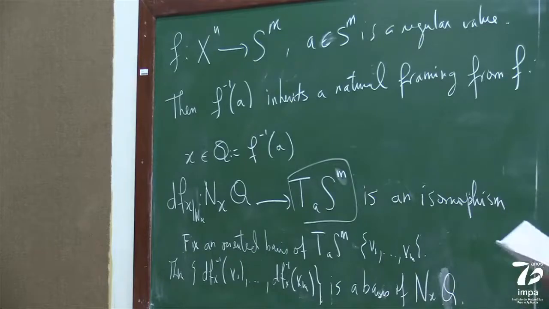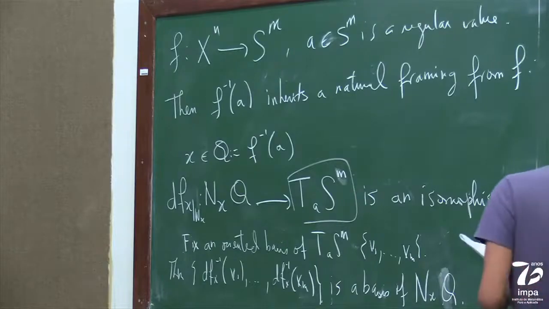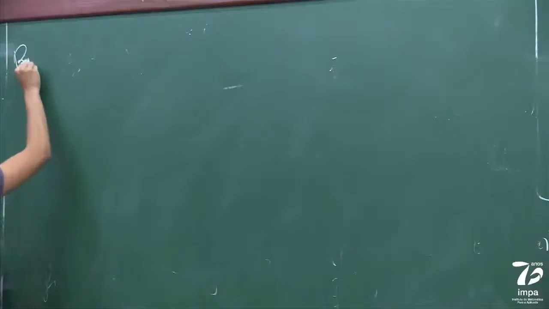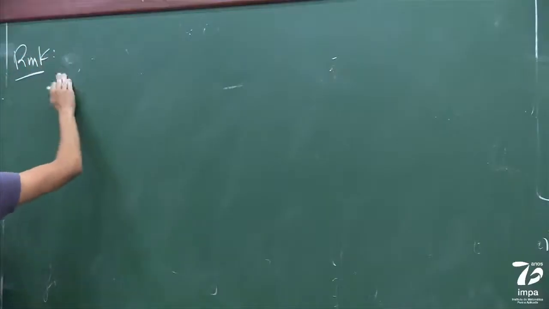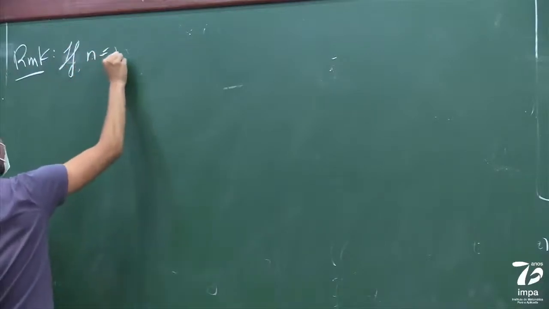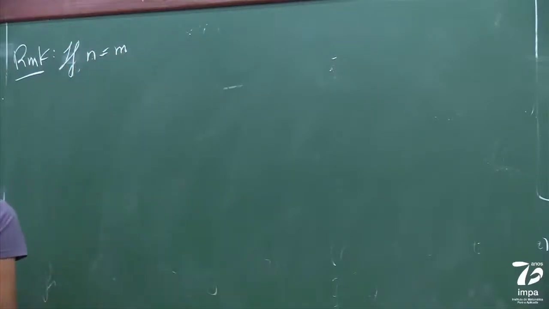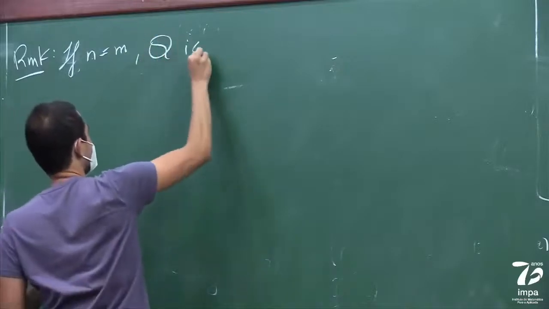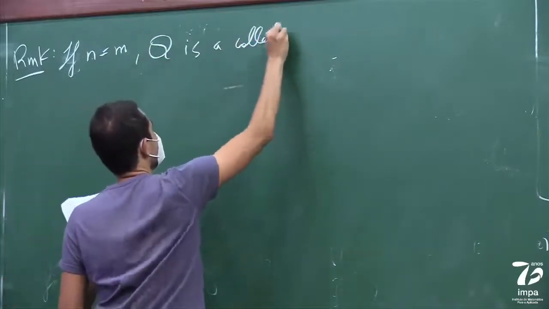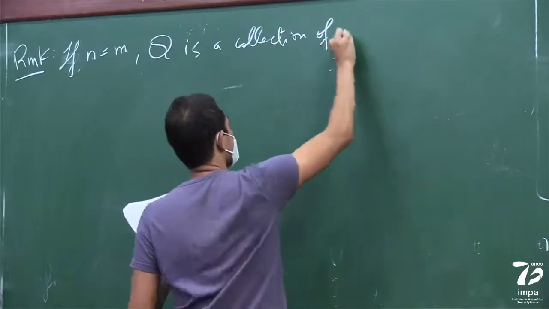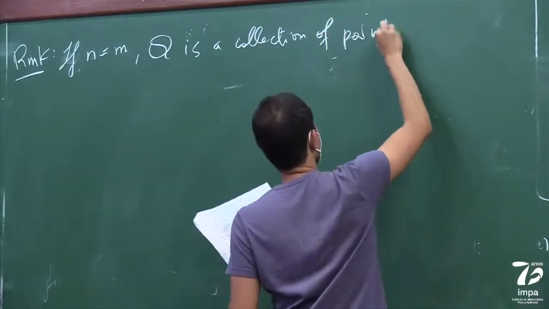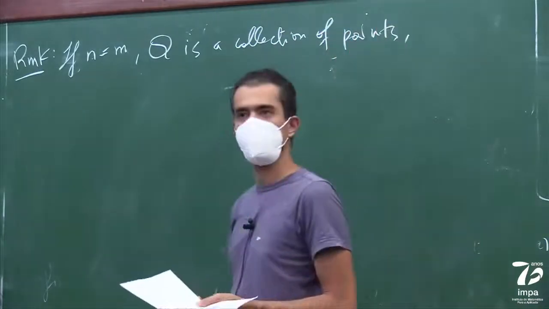Okay, so here's one remark about this. If n is equal to m, Q will be a collection of points, and what's a framing?